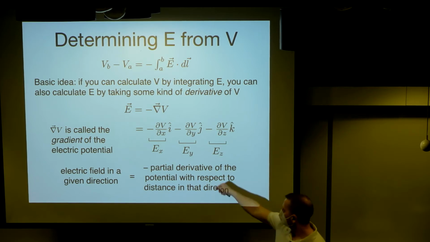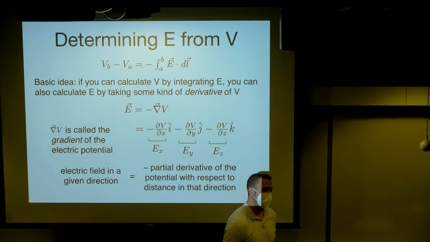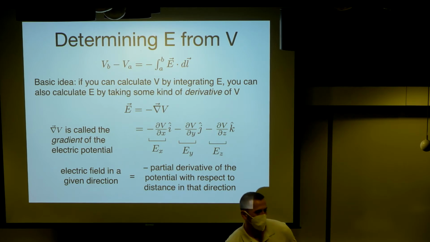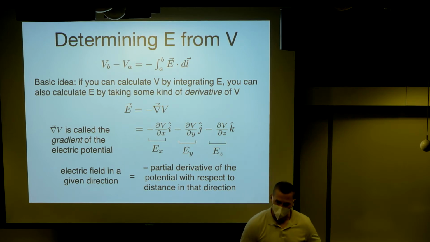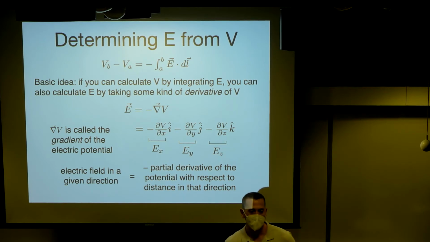Now, notice I'm writing the derivative symbol in kind of a different way. This is called a partial derivative, all right? Again, if you haven't seen this before, I'm going to go over it with you and show you some examples. Hopefully it's clear after the examples. But it's actually quite simple. If you're taking a partial derivative, that just means you're taking the derivative with respect to that variable alone, and you're going to treat any other variable as a constant.